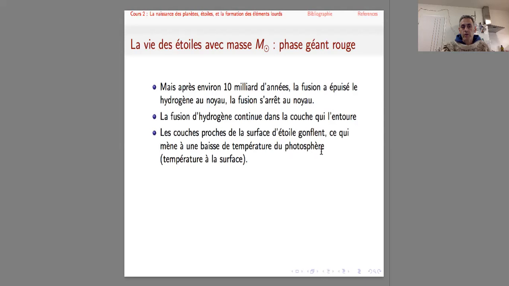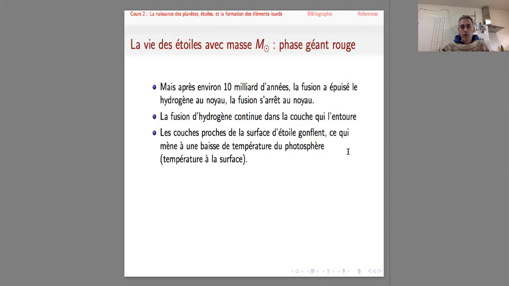This results in the star inflating for these outer regions, the outer layers of the star, and in particular the photosphere, the outer layer where the light that reaches us is emitted.